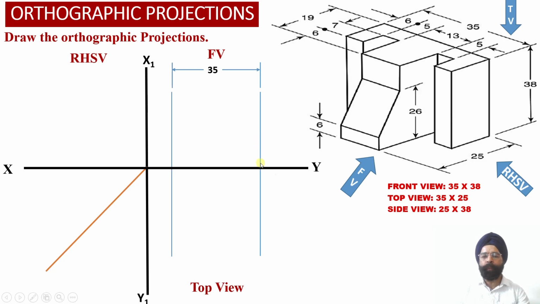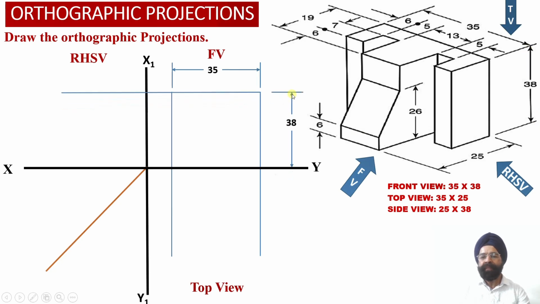These two vertical projector lines we have extended into the top view projection as well, because in the top view projection also we are going to require the width of the solid equal to 35 millimeter. Now when we observe the solid from the front side, we observe that the height of the solid is equal to 38 millimeter.